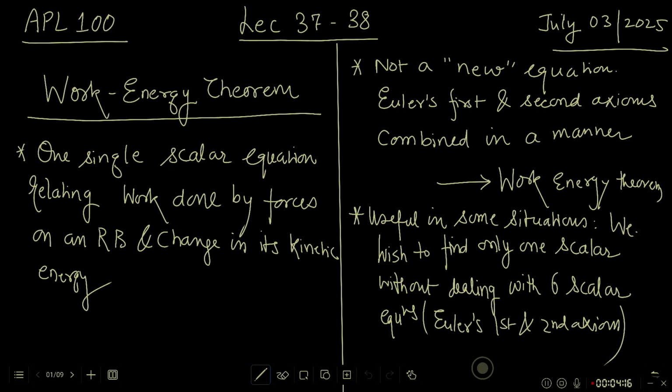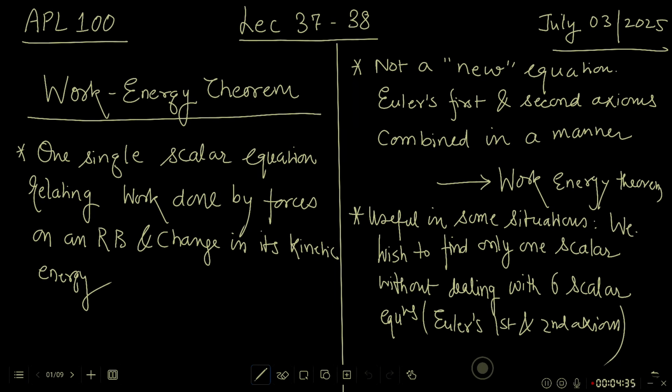If you are given a problem, you have to solve for one unknown. In some situations, if you use the work energy theorem directly, you will use less algebra to get the solution.